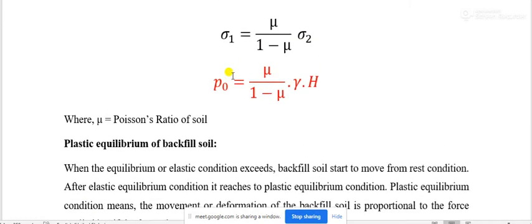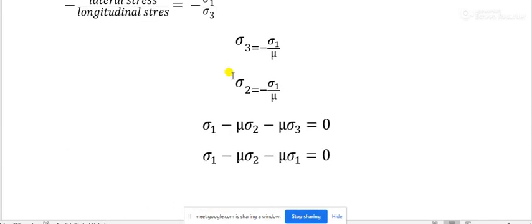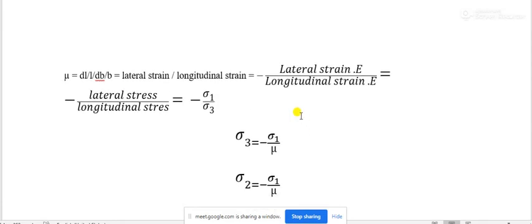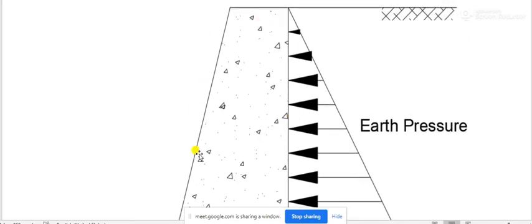In the previous part, earth pressure at rest, we discussed that this condition depends upon the equilibrium condition or elastic condition of the soil. That means the retaining structure, this retaining wall and the soil, is at rest, that means in elastic equilibrium condition.